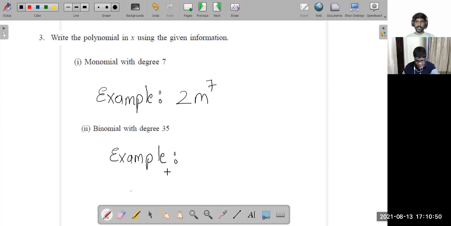Two terms. Correct. And now we are saying that the degree should be 35. It would be 3x raised to 35 plus 2. Okay, good. This is also a good example.